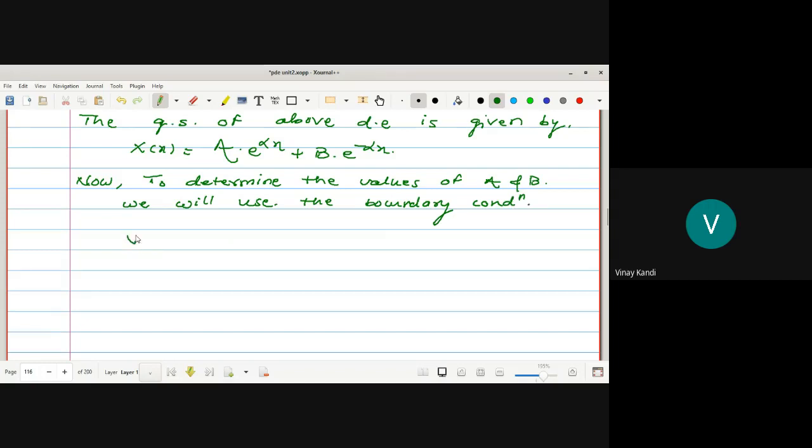Okay, which one? X of 0 is equal to 0. This implies that A plus B is equal to 0.